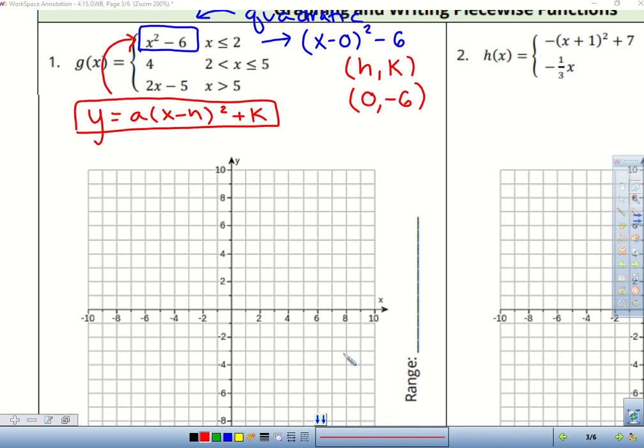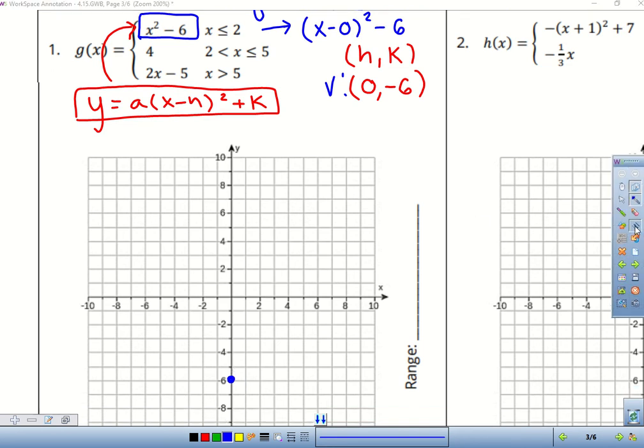So the vertex is at 0, negative 6. So this point you can plot, whether you're using pen or pencil. Okay, I'll tell you which ones not to do. So let's talk about how we graph a quadratic. Remember the 1, 3, 5 rule? So if this is my vertex, then this is my what? Axis of symmetry. Good.